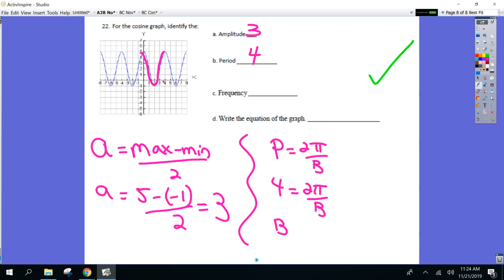I hope so. It doesn't have to be reduced. I'll be satisfied tomorrow if you can find B, whether it's reduced or not. Pi over. You can leave it 2 pi over 4 or pi over 2.